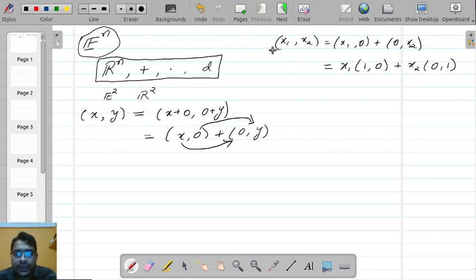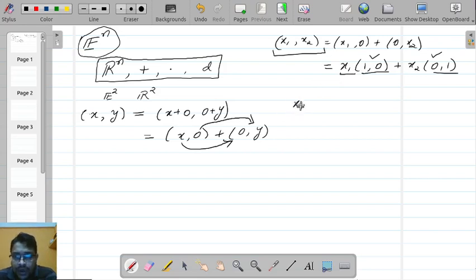So I have written this vector in R square as a scalar multiple of (1, 0) plus a scalar multiple of (0, 1). I have used two vectors to write the vector (x1, x2) in R2.